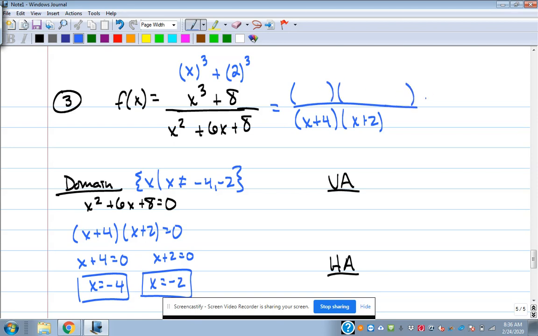You've got a long factor and a short factor. What's the short factor? It's the same as the pieces that are cubed, plus on the inside because that's a sum of cubes. Well, if you use one of the x's, that means x squared is left. If you use one of the 2's, that means 2 squared is left, which is 4.